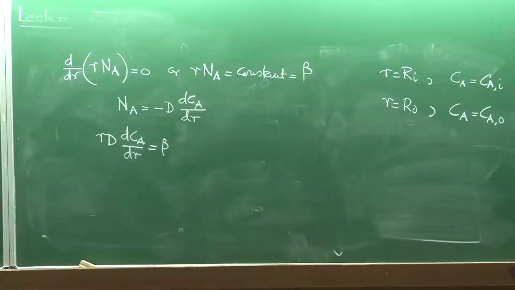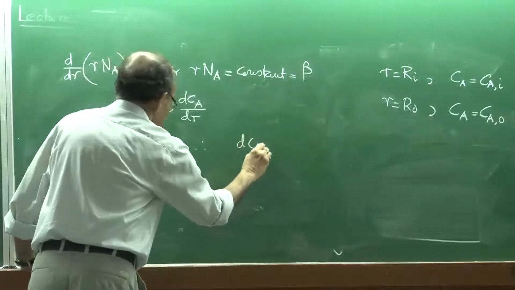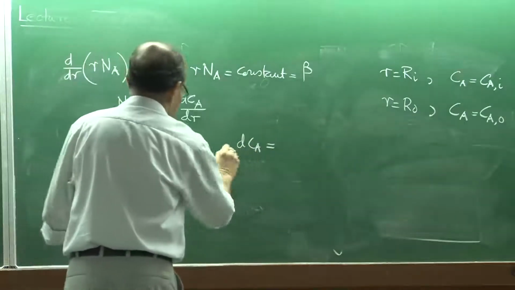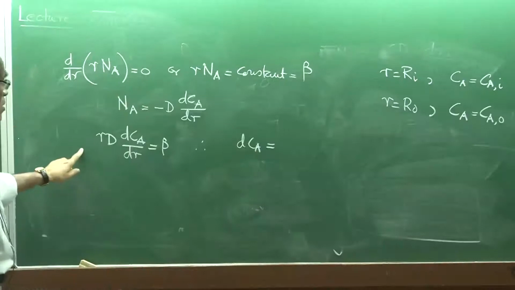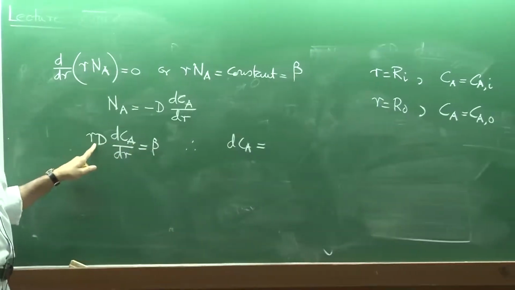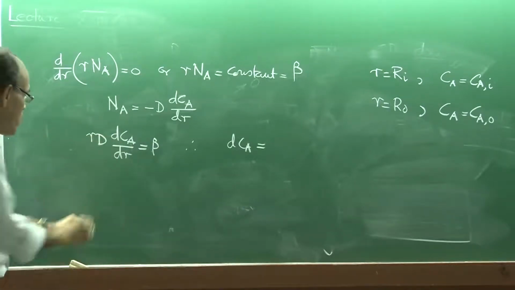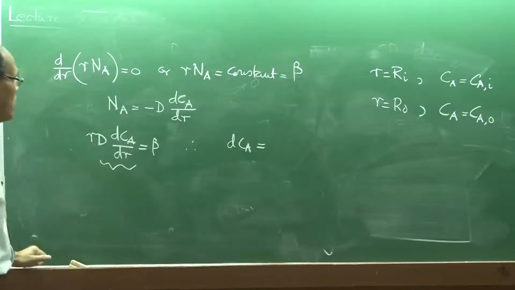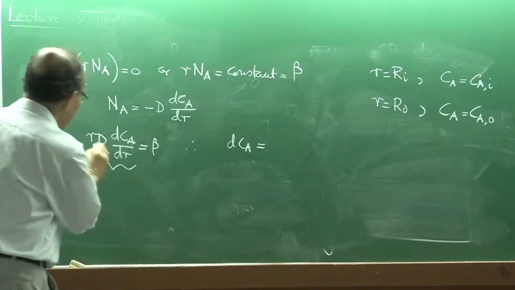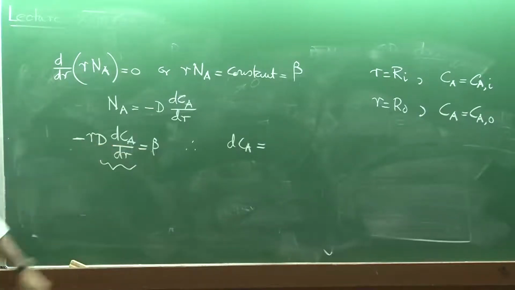Okay? So therefore, we can look at this and say that dCA is equal to, and also you note that beta by R is going to be equal to minus NA, the flux, because this term is the negative of the flux. So we can also write it with the negative sign, it doesn't make any difference because beta is a constant.